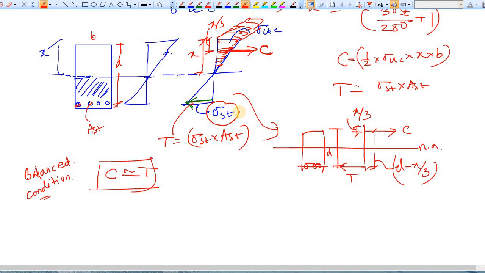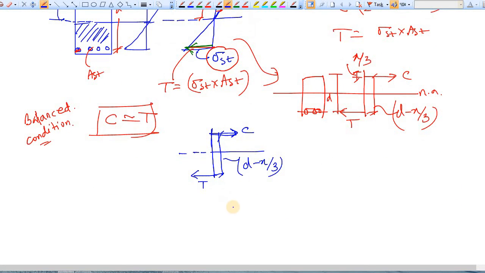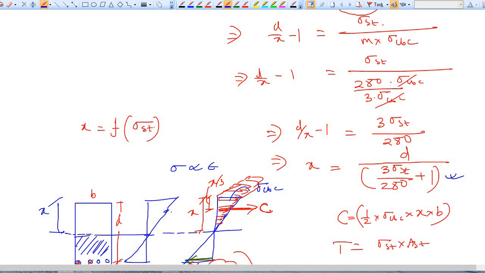Now if you look here, this is the neutral axis and this is compressive force, this is tensile force, and here C is equal to T, so they are acting like a couple, and the lever arm is d minus x by 3. So what is the moment? Of course the moment is given by either C or T, as both of them are equal, times the lever arm, that is d minus x by 3. d is known to you, x you have calculated from this formula.